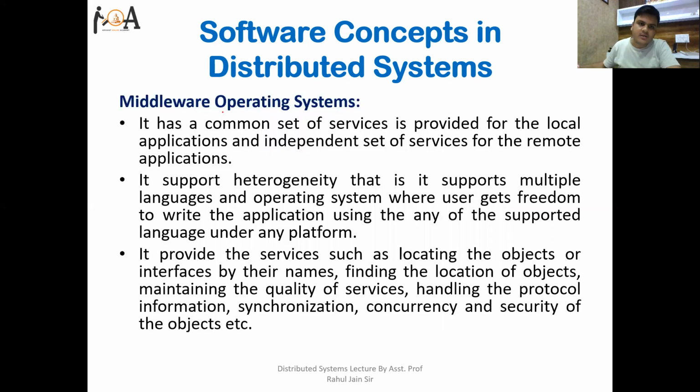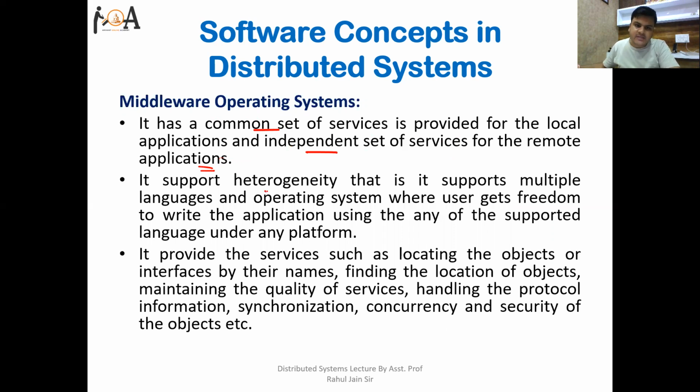And if we talk about the middleware operating system, it is a common set of services provided for local applications and an independent set of services for remote applications, right? So how you can remotely operate the operating system services on different computing devices and for different resources.